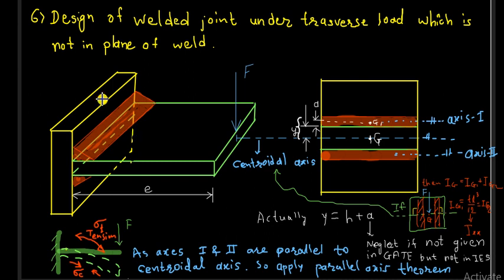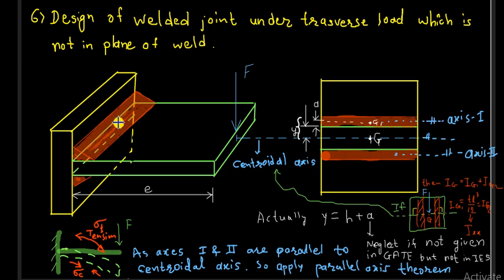Now let us look at the design of welded joint under transverse load, which is not in the plane of weld, right? Here you can see the force F is again eccentrically loaded, but it is under the transverse load. That means the load is again transverse to the length of the weld bit.